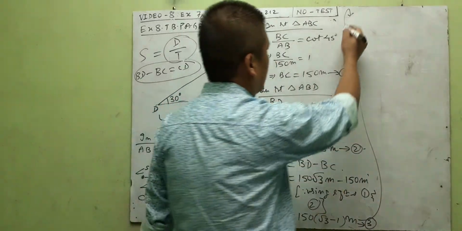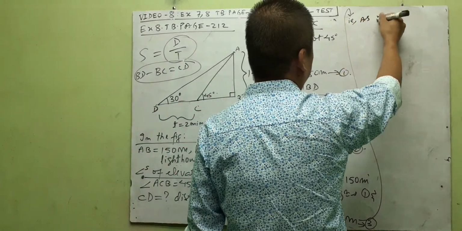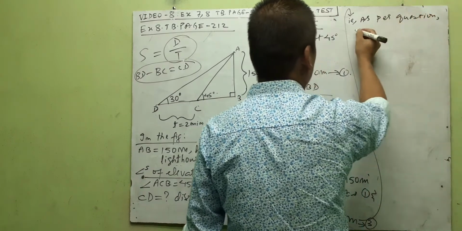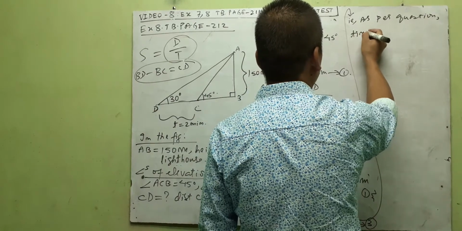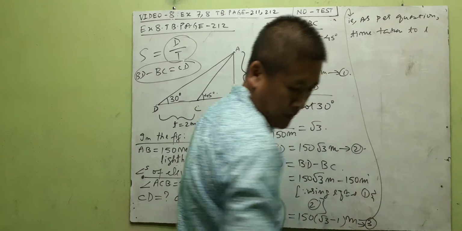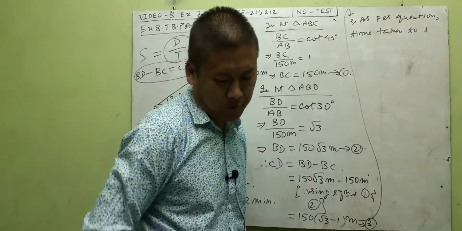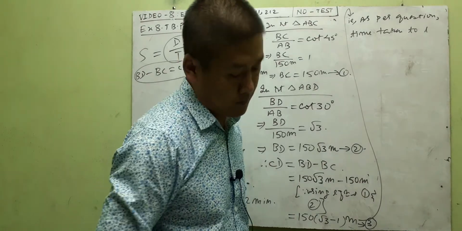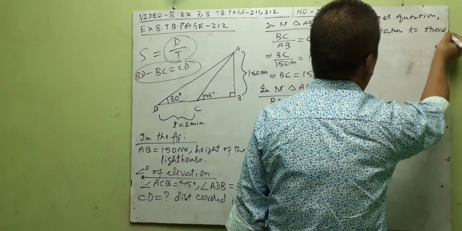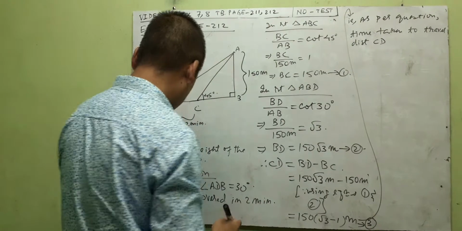Now that means what? As per the question, the time taken to change the angle of elevation from 45 to 30 is 2 minutes, right? So the time taken to travel distance CD is 2 minutes.